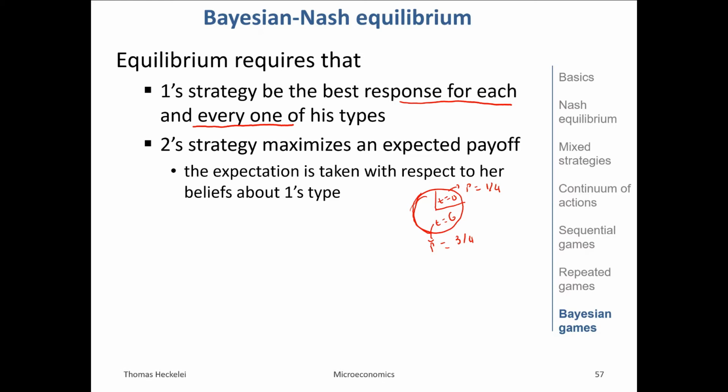But of course, they don't communicate. And using this probability that he or she believes, he or she will come up with the expected payoff and find a solution in order to maximize this expected payoff.